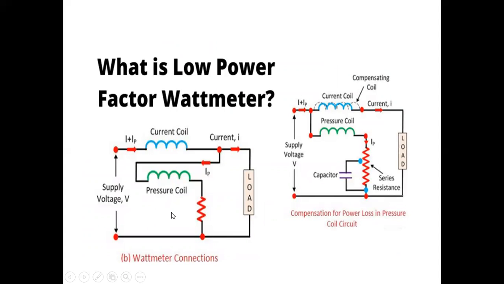This is the complete connection of the low power factor wattmeter. This is the current coil. This is a compensating coil which is connected over the current coil. And the capacitor is connected across the series resistance of the pressure coil.